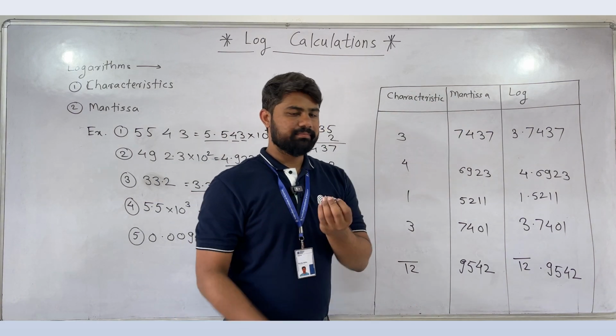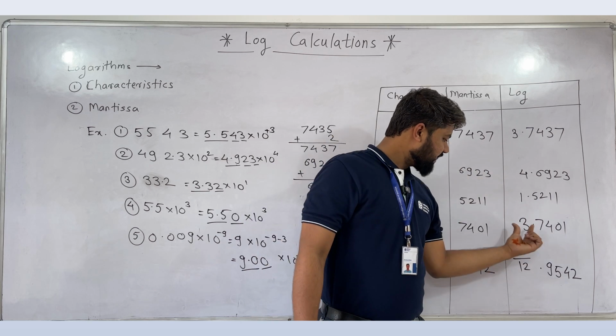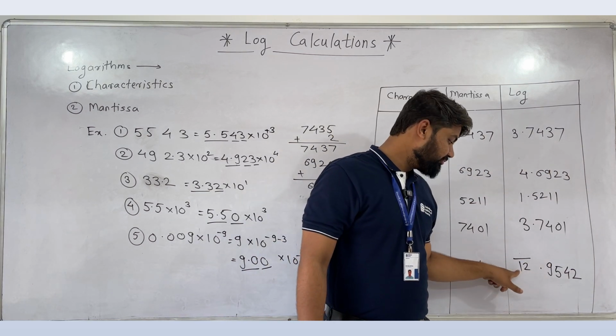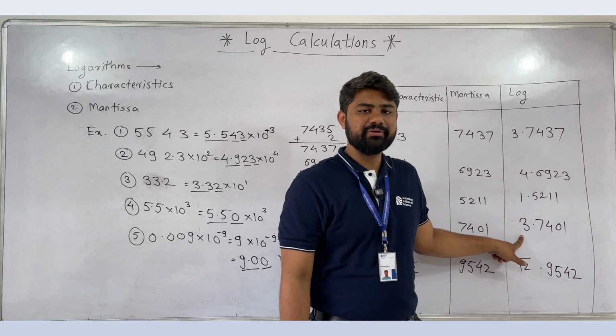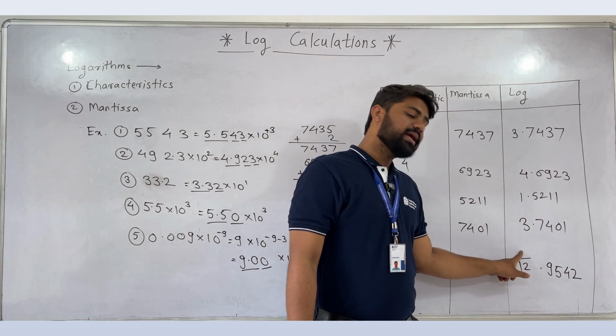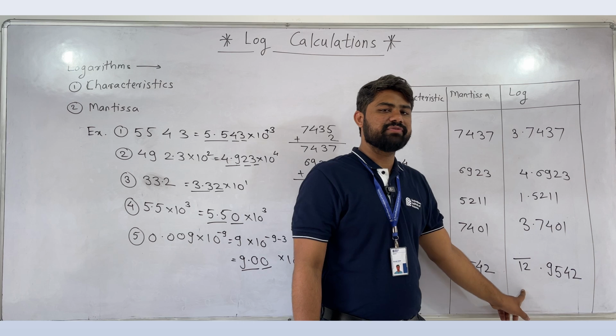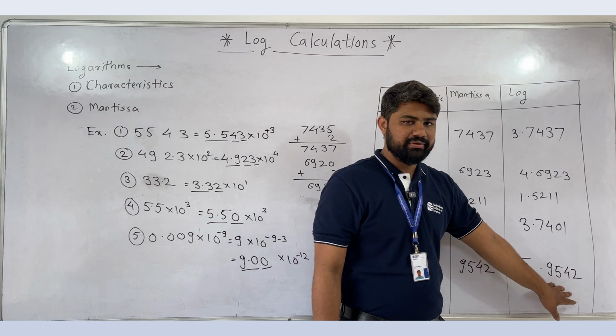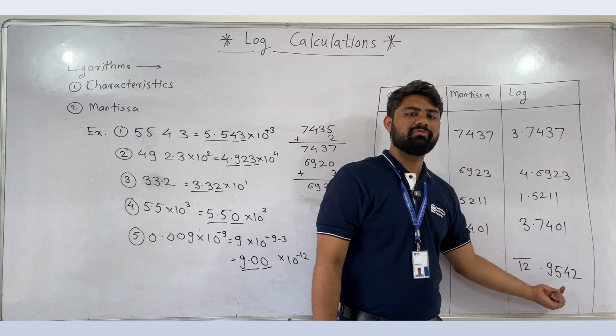Now, a quick point. Here we have 12 bar. Bar represents a negative number, but this negative sign is only for this 12 and not for the mantissa. Mantissa is always positive and less than 1.